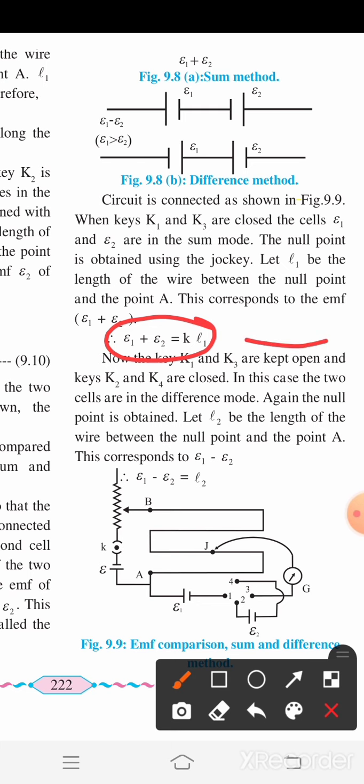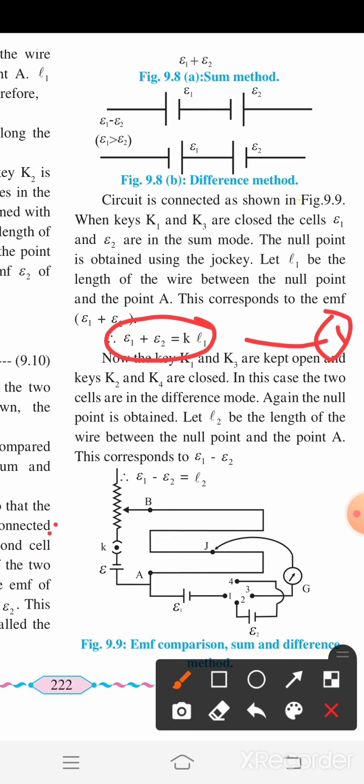That is equation number one. After that, we close keys K2 and K4 and open keys K1 and K3, and touch the jockey at different points of wire AB. We get a single point at which the galvanometer shows zero deflection, that is the null point.